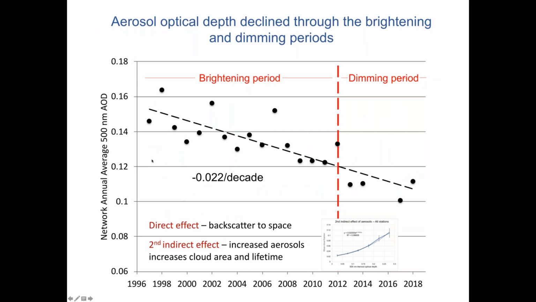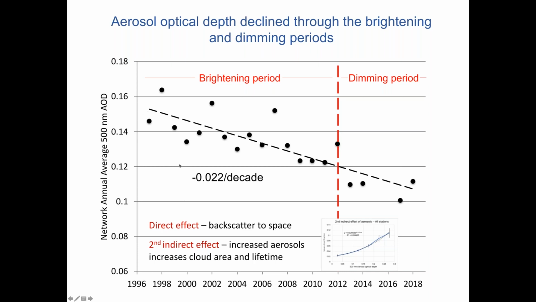Now, when we look at aerosol optical depth, which we also measure at SURFRAD sites, I plot the network average annual aerosol optical depth in these dots in time series. And what you notice is that aerosol optical depth over the US has been decreasing ever since the start of the network.